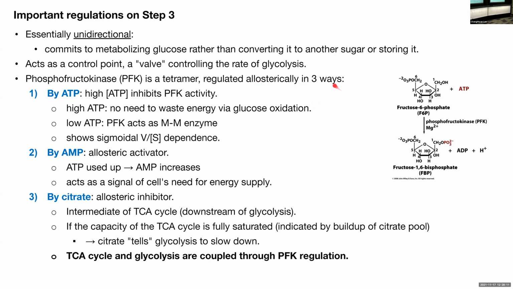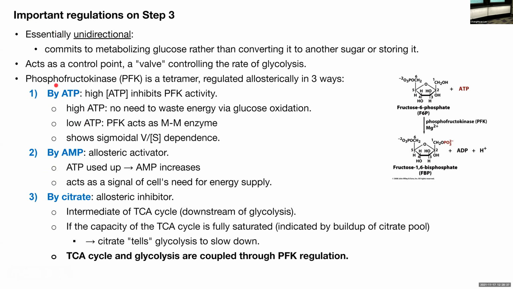Since this is a commitment step, there are a lot of activations and inhibitions involved to make sure this is the right stage to go forward, and then multiple ways to block it from coming back using the reverse reaction. So there are 3 ways here.